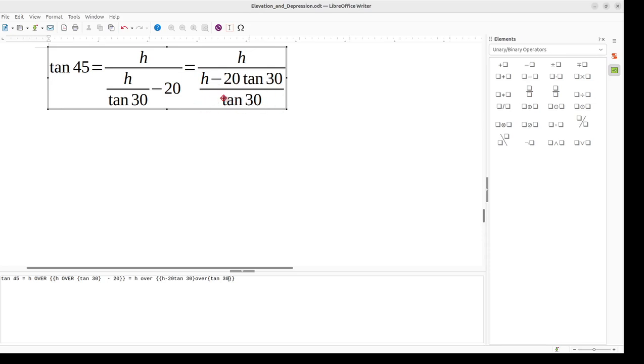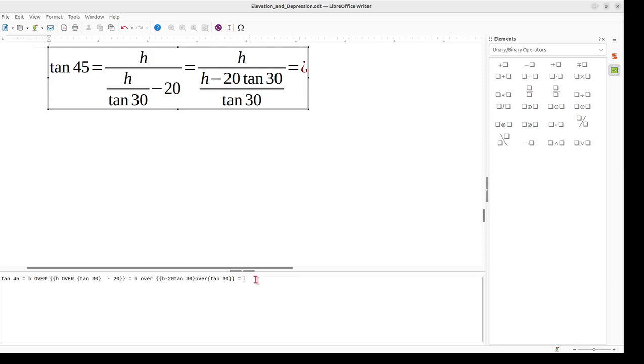Now the h is being divided by the whole of this. So in other words, it's being multiplied by the reciprocal of that.